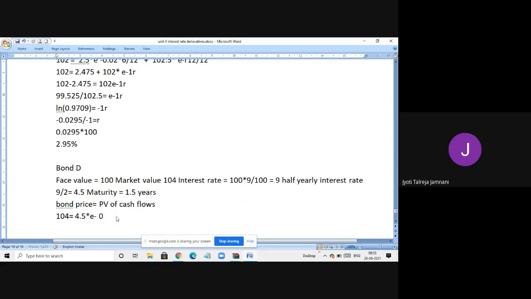So e raised to minus 0.02 into 6 by 12, plus 4.5 into e raised to minus 0.0295 into 12 divided by 12, since we found the 1 year rate is 2.95%, which is nothing but 1 year. Plus the third interest you're going to get with the principal amount.